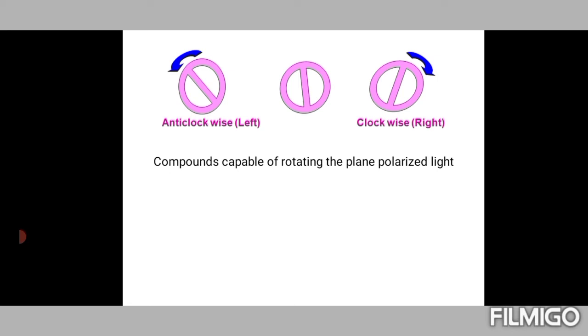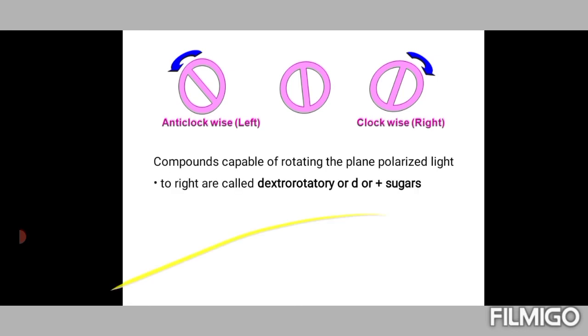So compounds which are capable of rotating the plane of plane polarized light to the right are called dextrorotatory, and to the left are called levorotatory. To the right are called dextrorotatory, or small d, or plus sugars, whereas to the left are called levorotatory, or small l, or negative sugars.